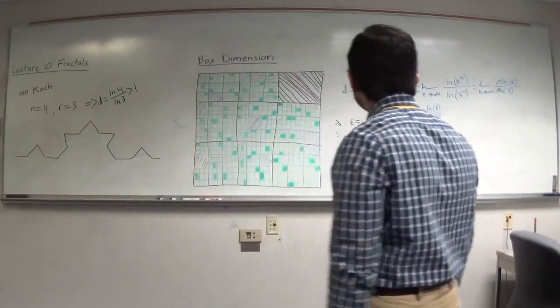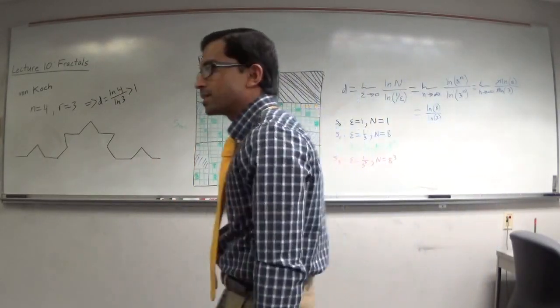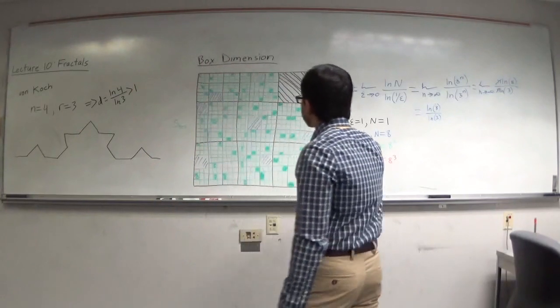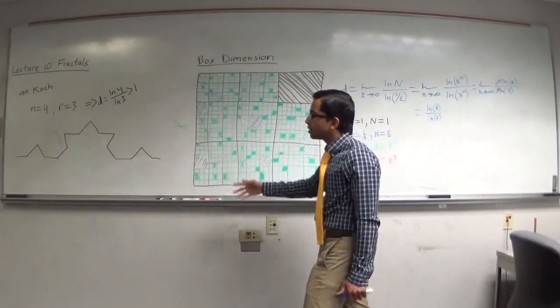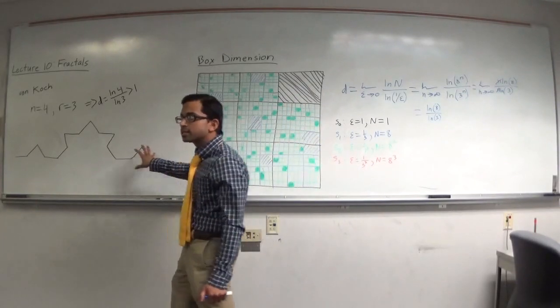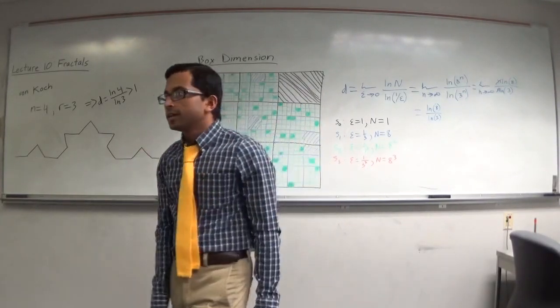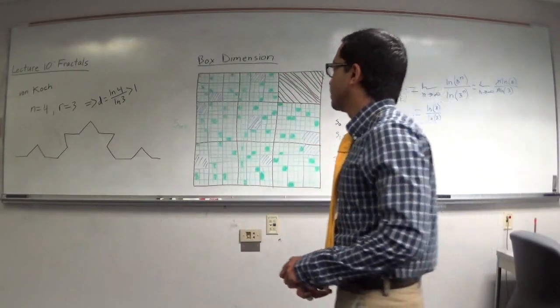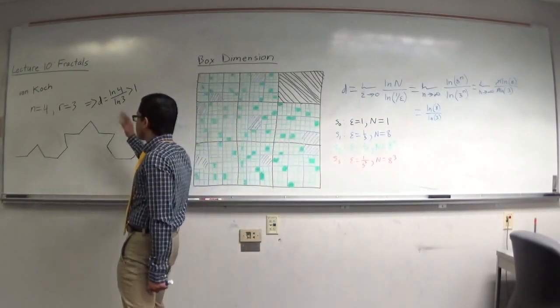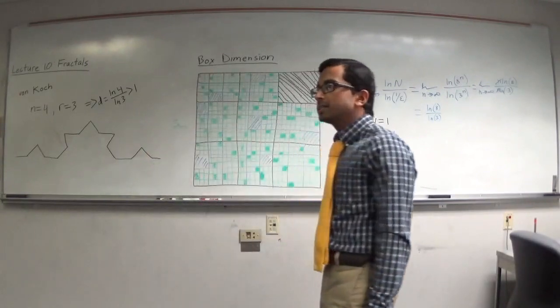But there are some drawbacks to the box dimension. Obviously here it works well because we have boxes. But if you have, say, something like this, it's not going to work so well. It's going to be fairly tedious to use box dimension, and for self-similar fractals, it doesn't make any sense to use box dimension.